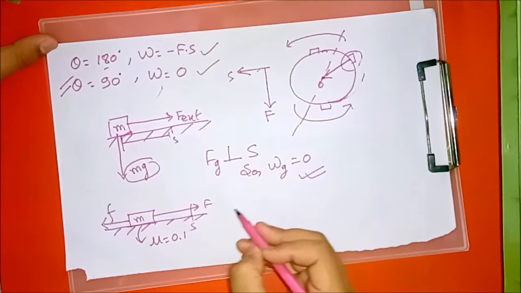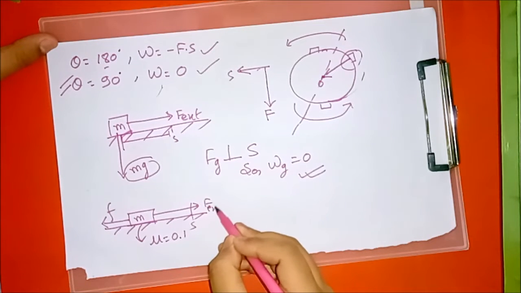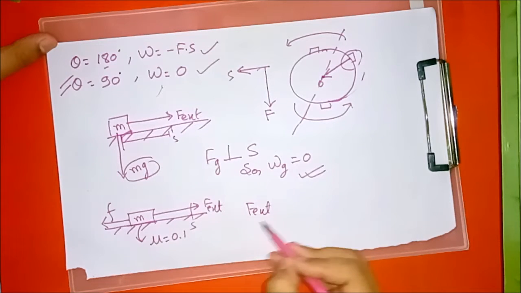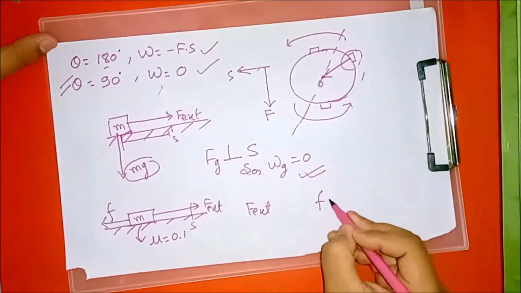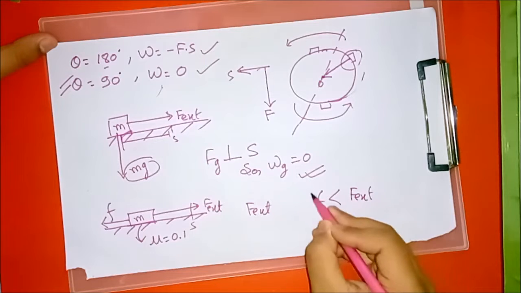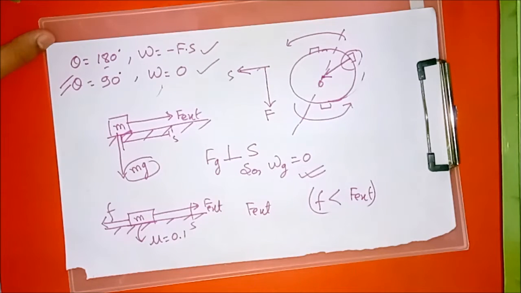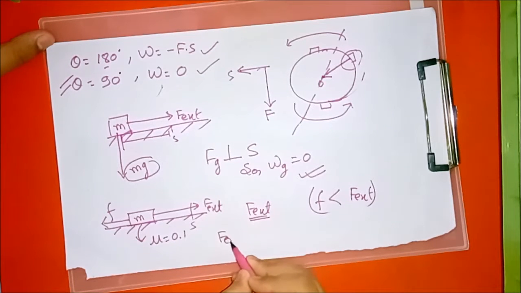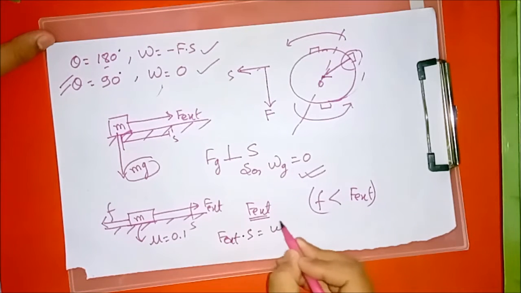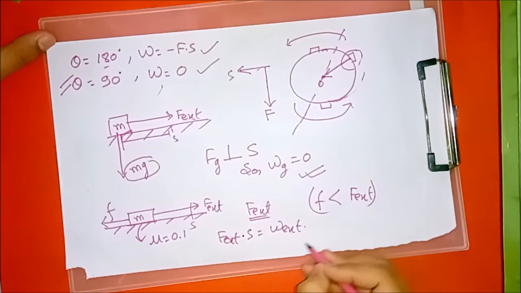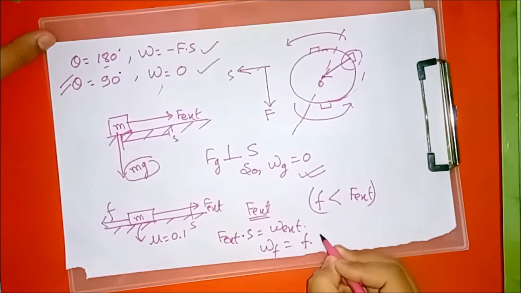So the displacement of this block is normally due to this F external. There is a condition: F external must be greater than the friction, only then it is satisfied, otherwise it will not be moving. So F external dot displacement will be given by work external, but the work due to this frictional force will be simply W frictional equals frictional force into displacement.